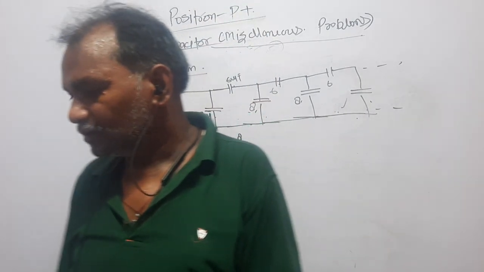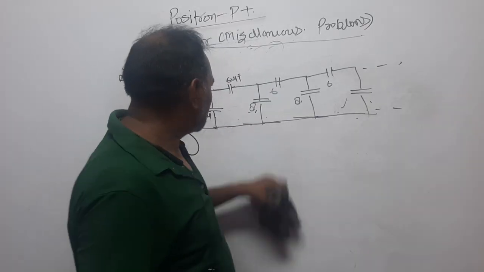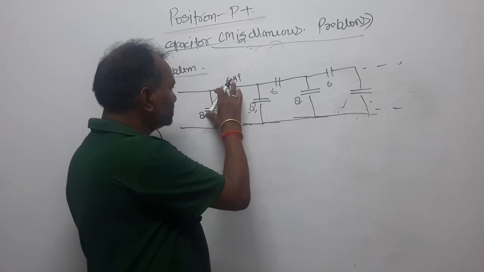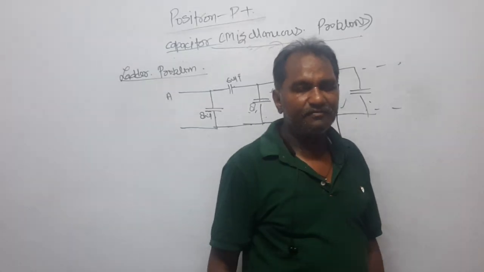Now what we have to do? We have to find out the equivalent capacitance between A and B, right? Look here, it is a set 8, 6, 8, 6. This set is repeated infinite times.